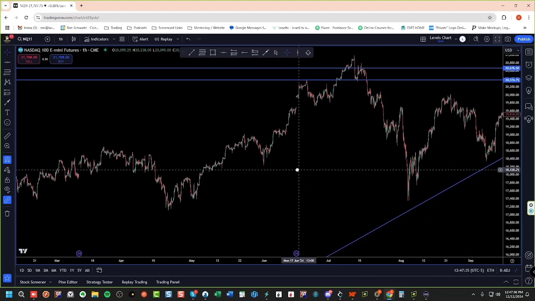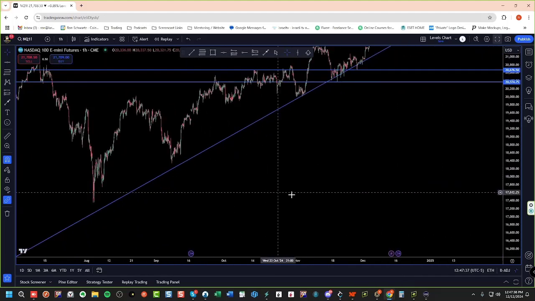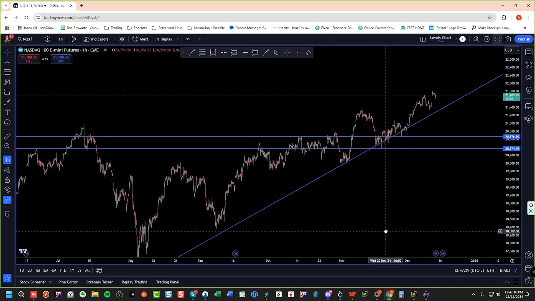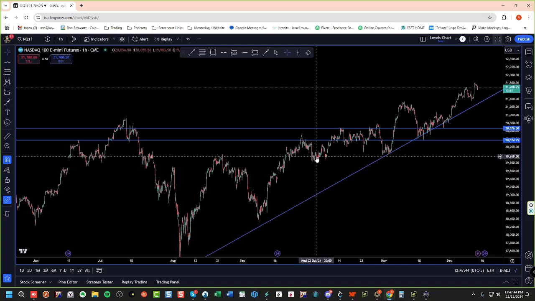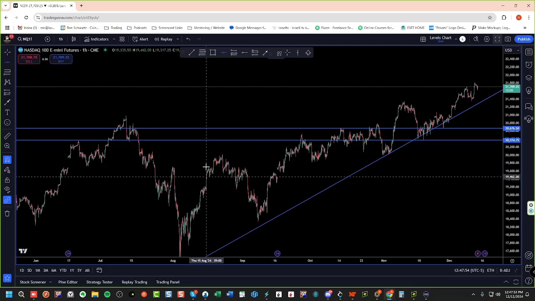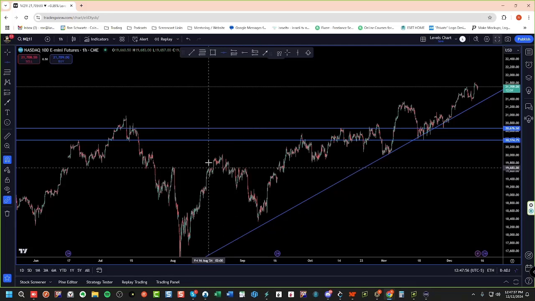Okay. So now here, can we find some other levels that make more sense on the shorter time frame? Like maybe somewhere around here? Let's see.